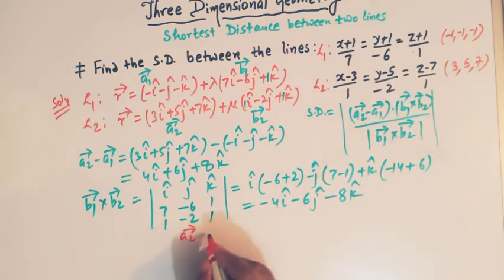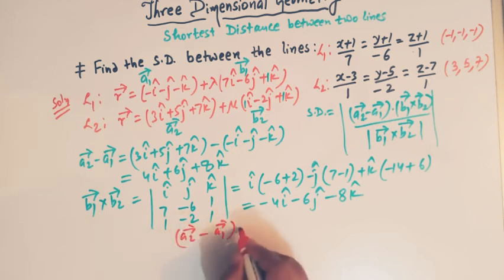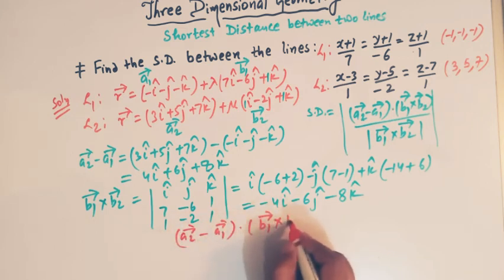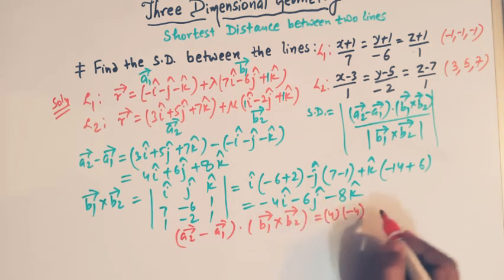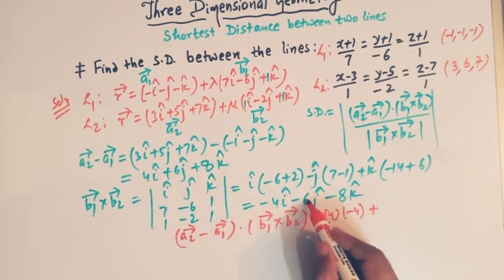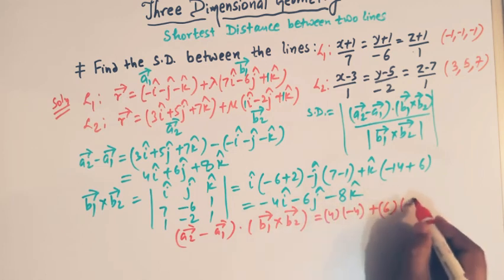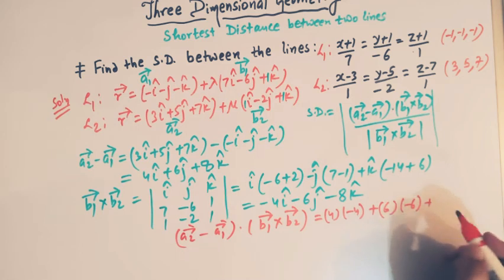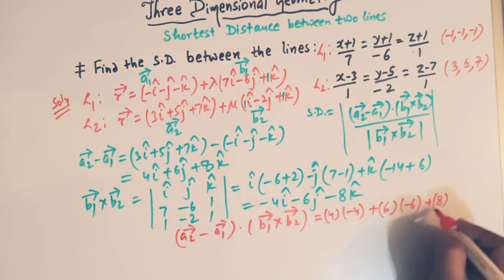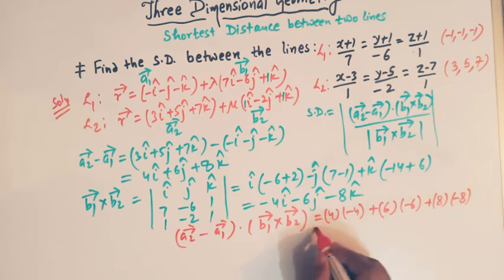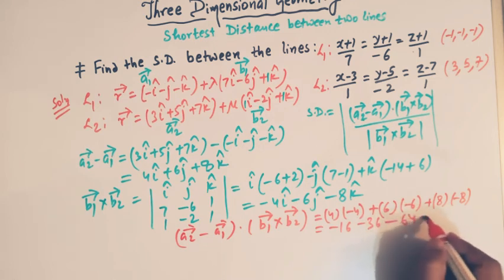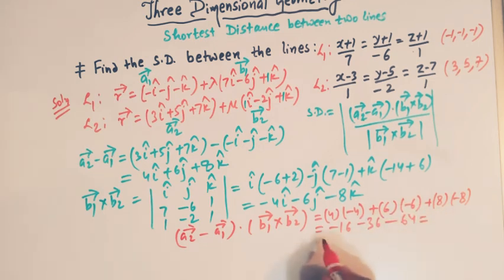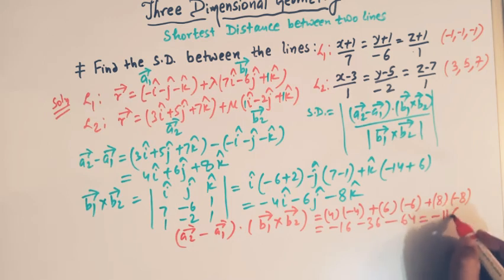So a2 vector minus a1 dot b1 cross b2 is given by: here we have 4 and minus 4, so it is 4 times minus 4, plus 6 times minus 6, plus 8 times minus 8, so we have minus 16, minus 36, minus 64, and this is equal to minus 116, right?